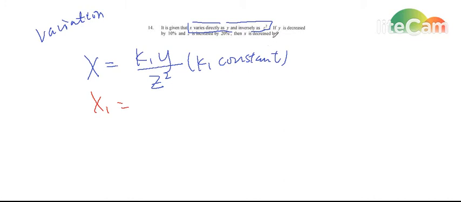are asked like that: y decreased by 10%. So actually the original y is y, and the new one decreased by 10%, it means the rest is 0.9 y.